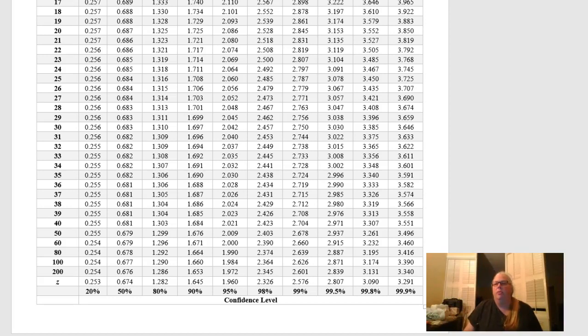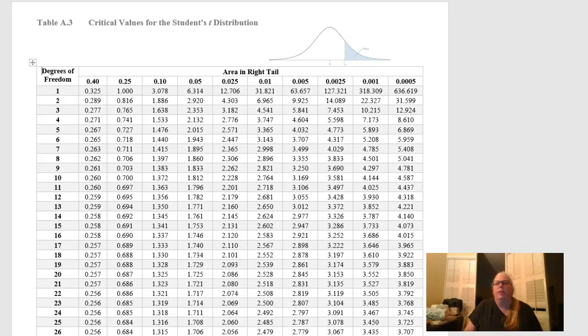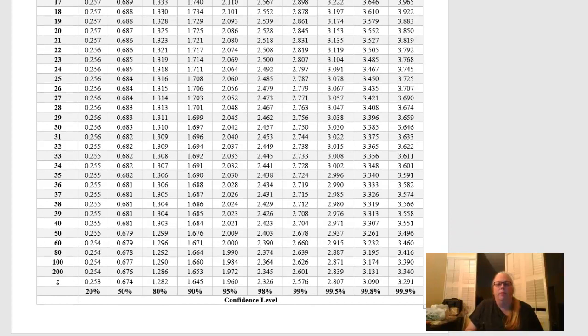I'm going to have to go up to the top here. Let's see, 0.01 is an alpha value that's right here. This occurs 1, 2, 3, 4, 5 columns from the right. Now I'm going to go all the way down to the z-line, and we're going to go 1, 2, 3, 4, 5 columns from the right.